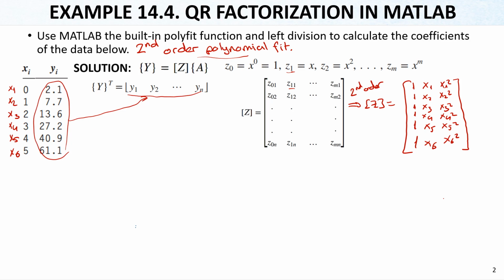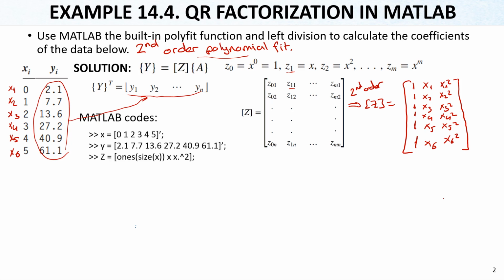So let's write these in MATLAB. In MATLAB, we can simply write the x's like this and y's like this. Then we can create a z matrix, this one, and we will have ones for the size of x's, 6 ones in the first column.